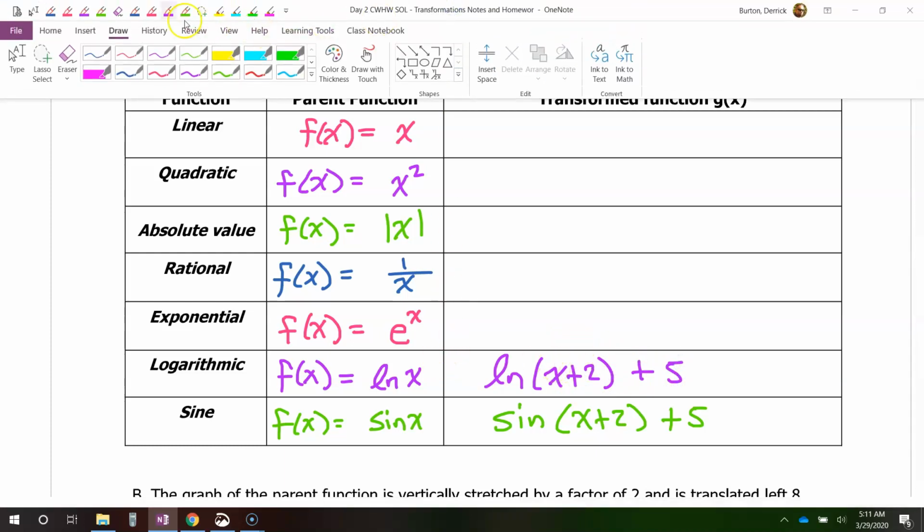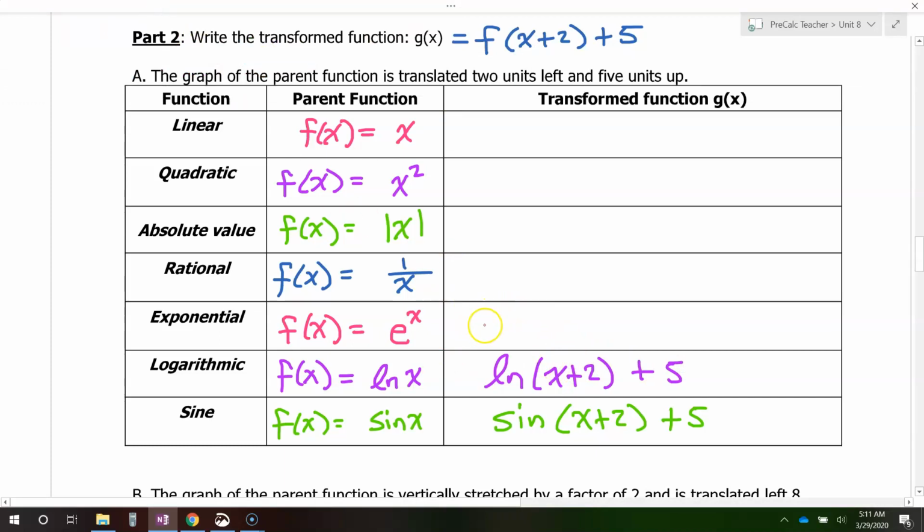Now for the exponential function, this one we have to stop and think for a second because there's no parentheses or anything like that. But just look for the x. Wherever the x is, that's your left right. The x shows you where the inside of the function is in a way. So see the x up here in the exponent?